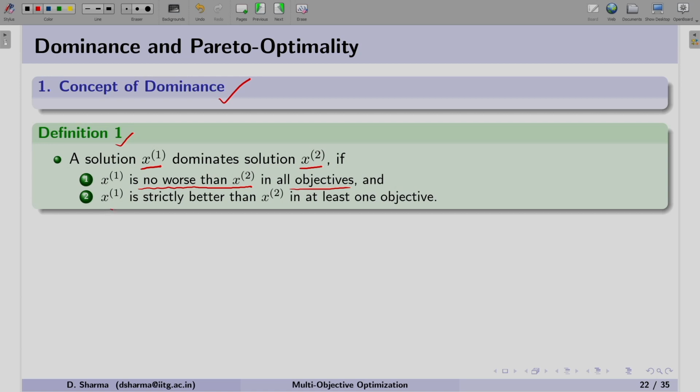At the same time, x1 is strictly better than x2 in at least one objective. So, as we have understood these two conditions, x1 is not going to be worse than x2 in all of the objectives. It can be the same or it can be better, but it cannot be worse. The second condition says that it should be better in at least one objective.